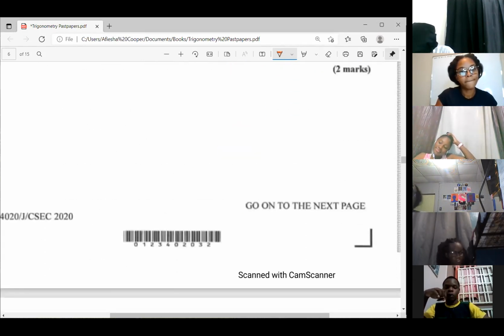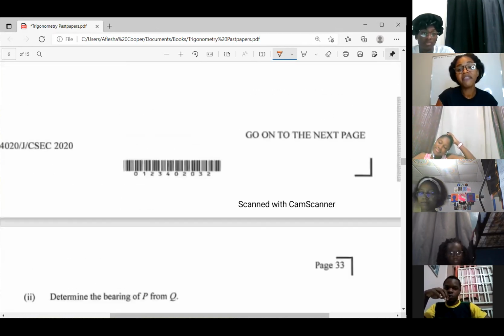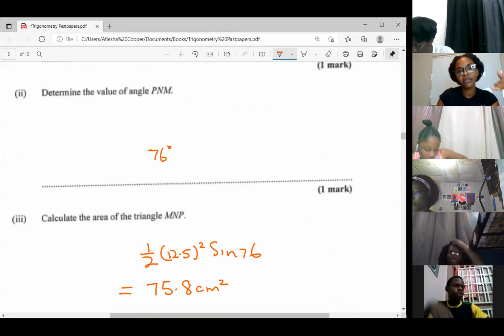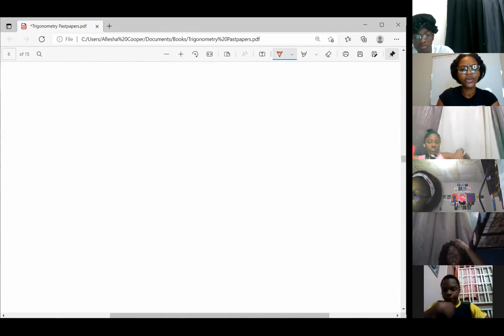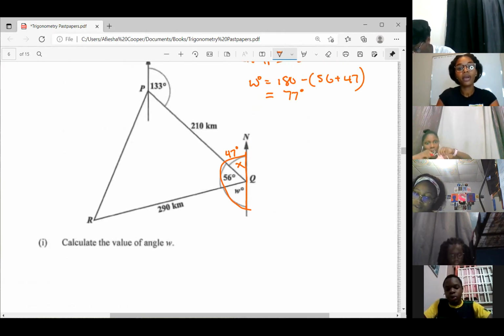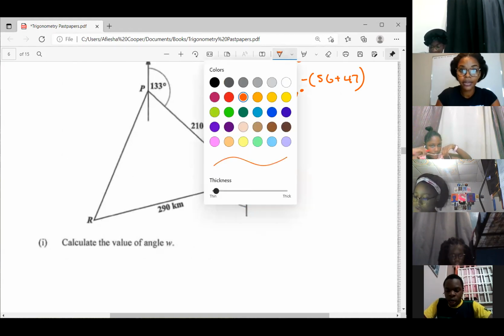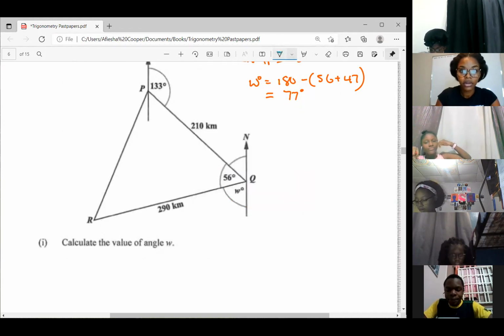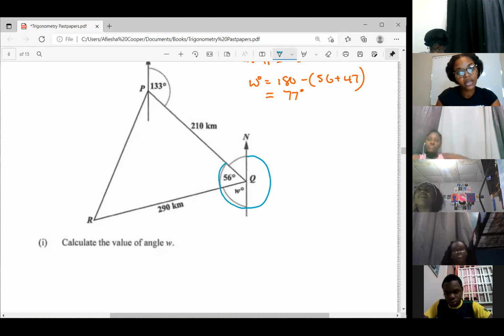Next one, determine the bearing of P from Q. So again, P from Q, so it's going to be in the corner of Q. We start at Q, the north line at Q, and we go all the way around to P. So of course, how much is this side? 180.